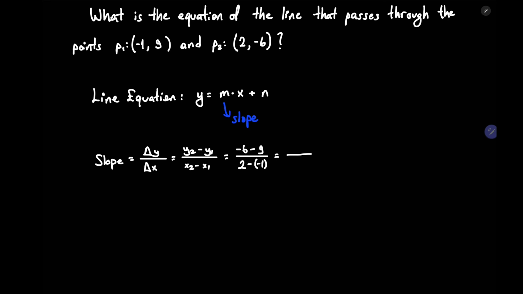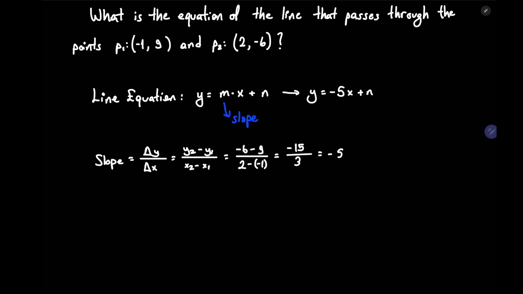Here I will get -15 over 3, so that is -5. The slope of this line is -5, so the slope is also the term m here. Therefore, our line equation will be y = -5x + n.